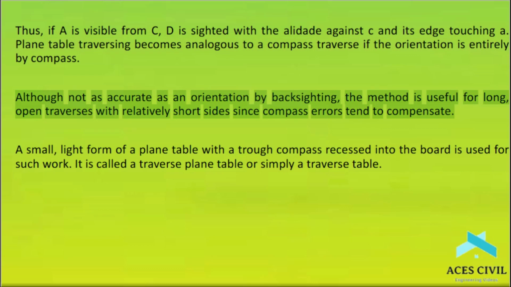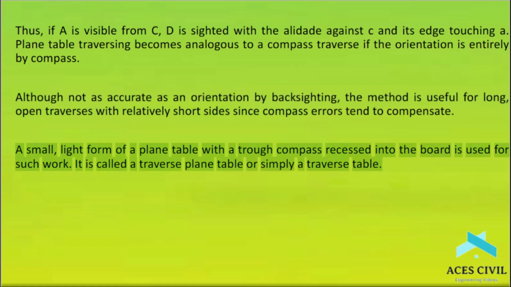Although not as accurate as an orientation by backsighting, the method is useful for long, open traverses with relatively short sides since compass errors tend to compensate. A small, light form of a plane table with a trough compass recessed into the board is used for such work. It is called a traverse plane table or simply a traverse table.